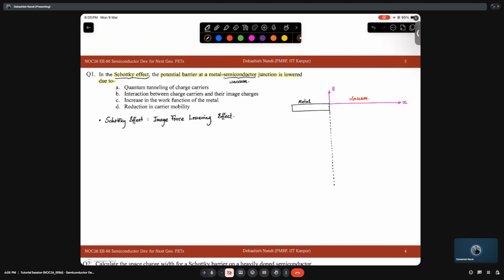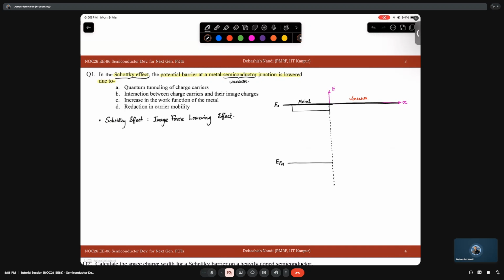Now let us draw the bands for the metal. Let's say this is the vacuum level, that is E0. This is the EFM, the Fermi level inside the metal.